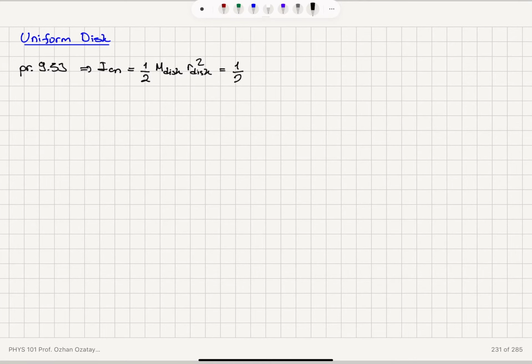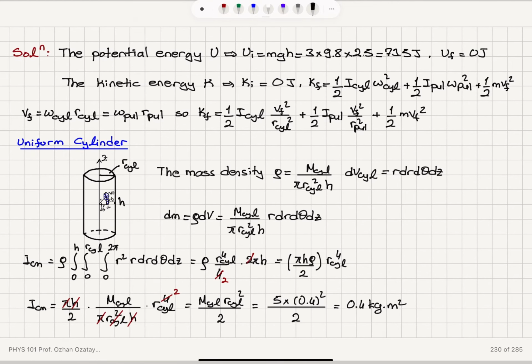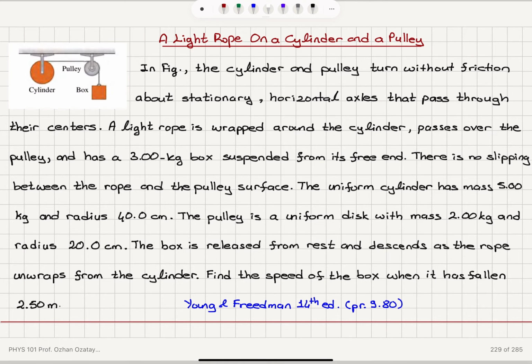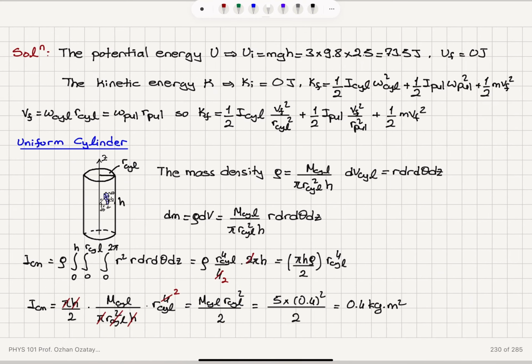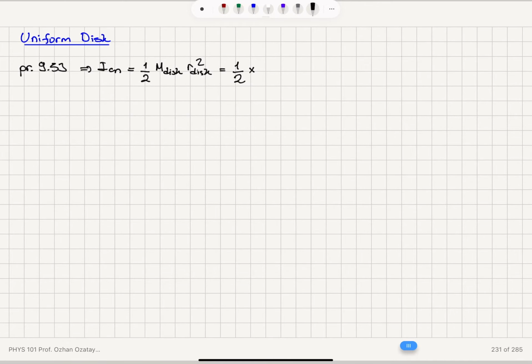If we plug in the numbers, it will be 1 over 2 times the mass of the pulley, 2 kilograms, and the radius was 20 centimeters. So this is 1 over 2 times 2 times 0.2 squared. This becomes 0.04 kilograms meter squared.